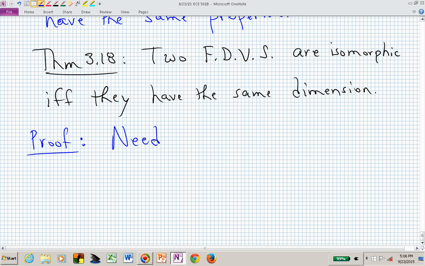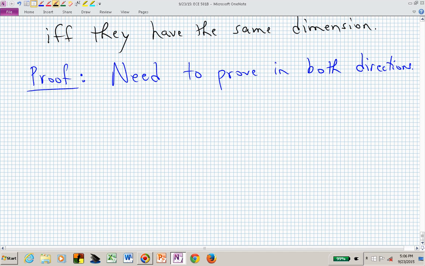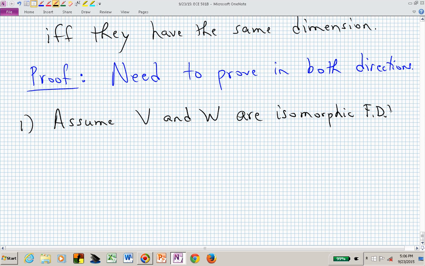Our proof, then, we need to prove in both directions. One, let's assume that V and W are isomorphic finite dimensional vector spaces, which means now we need to show that they have the same dimension.